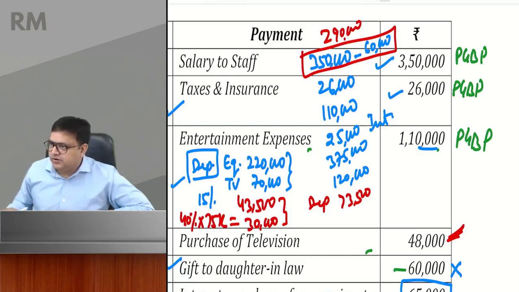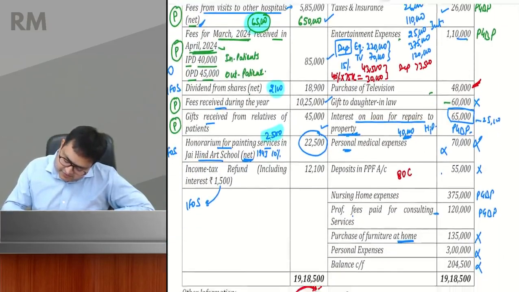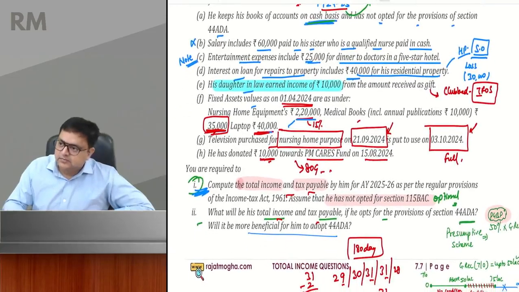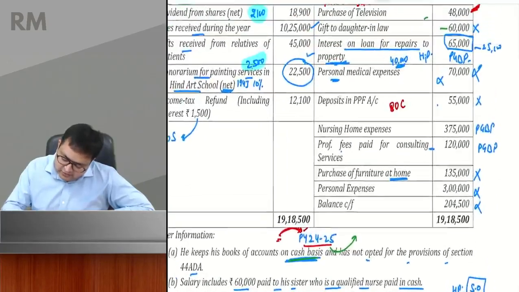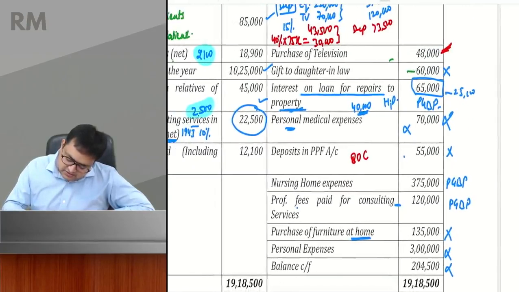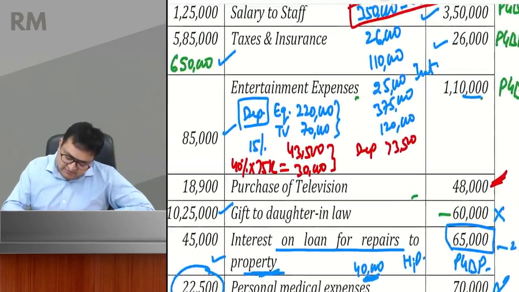Then 19,200. 3,300. I have taken something extra. TV is 48,000. Oh, TV was 48,000. I have taken 70,000 from somewhere else. Oh, I have taken medical expenses. TV was 48,000, correct.